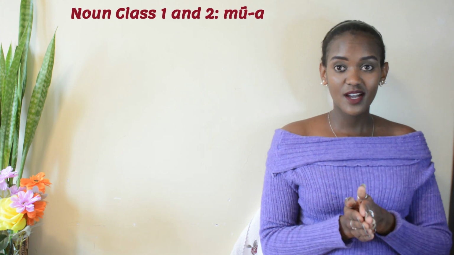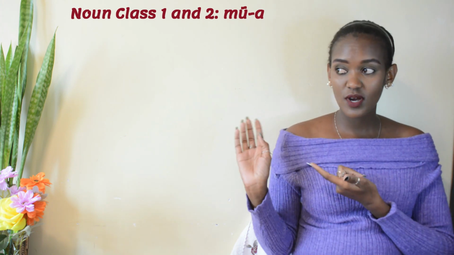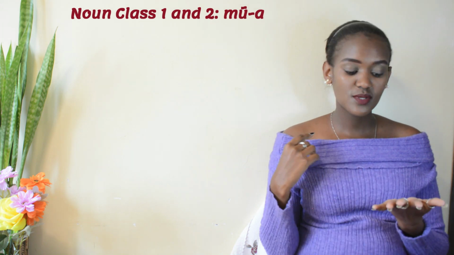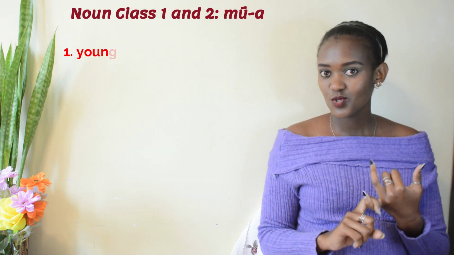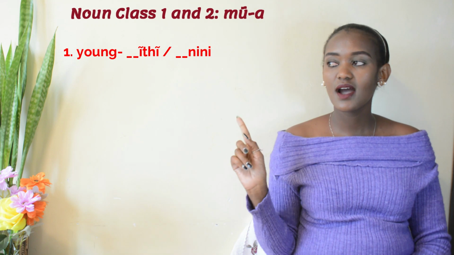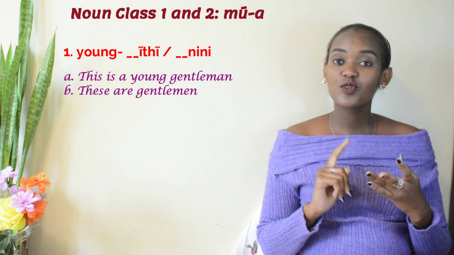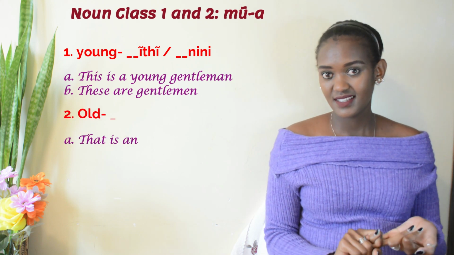So what I will do now, I will give you a few adjectives, and I will need you to use them with the nouns that we just looked at. For example, you can use a gentleman to say young. So we are going to say this is a young gentleman. So I'm giving you young. Then I want you to do the plural of it.